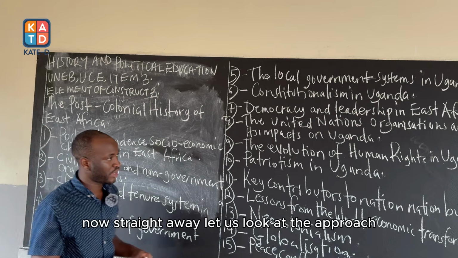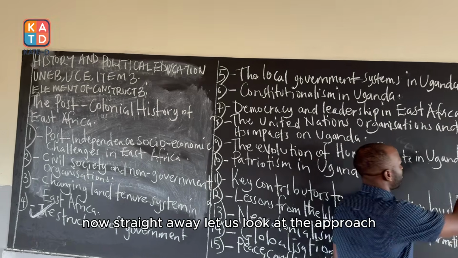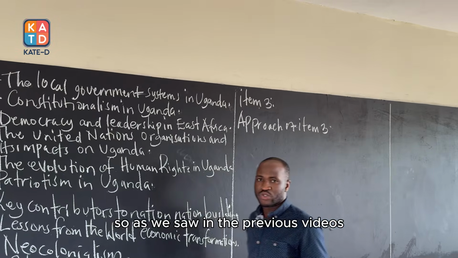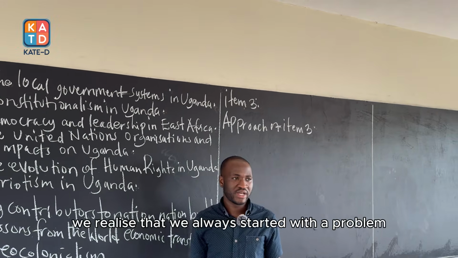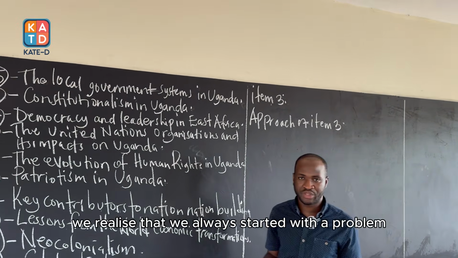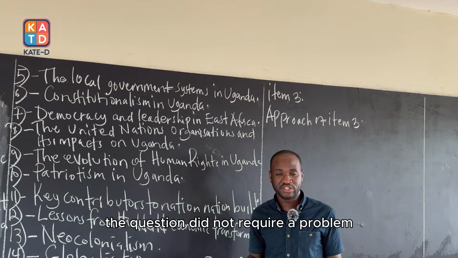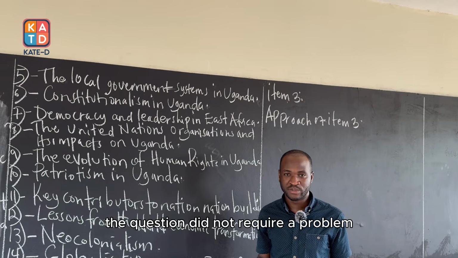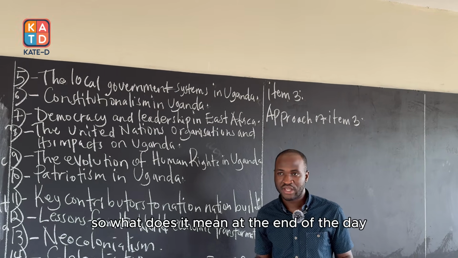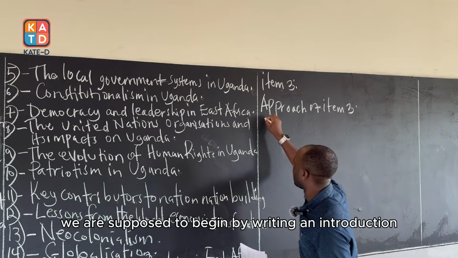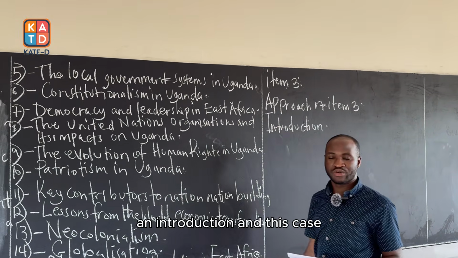Now, straight away, let us look at the approach of item 3. As we saw in the previous videos, we always started with a problem. But in this case, the question did not require a problem. So what does it mean? At the end of the day, we are supposed to begin by writing an introduction.